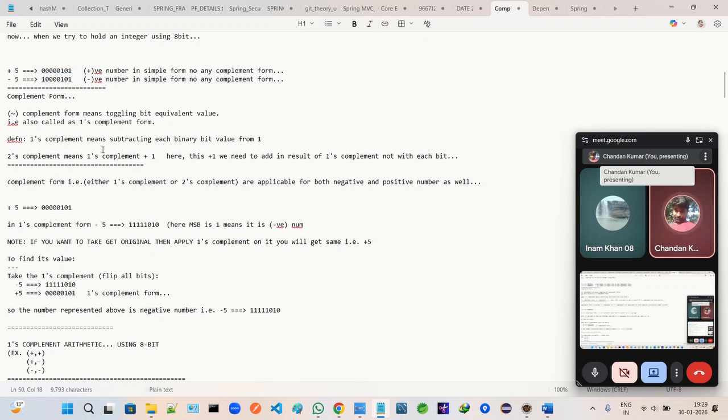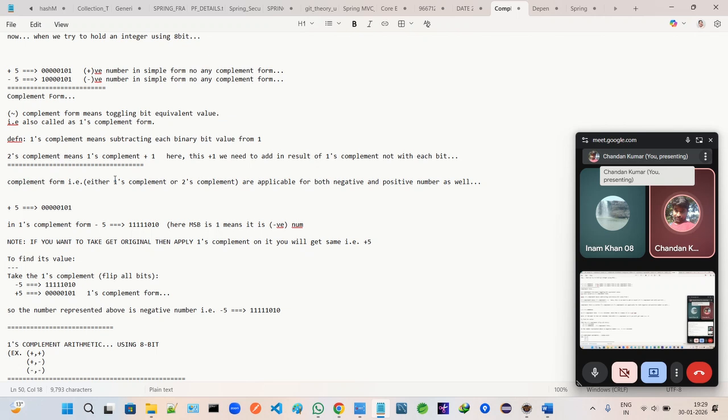Why do we need to learn complement? Because the Java programming language, at memory level, when it holds a value, always uses two's complement form. Remember, that value in binary bit format gets stored in memory in two's complement binary form only.